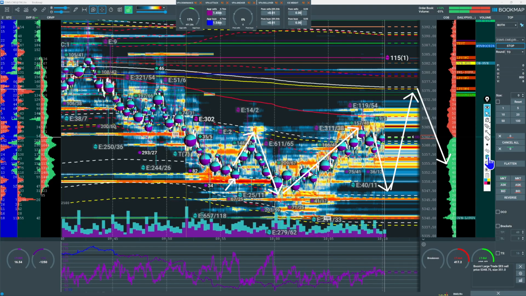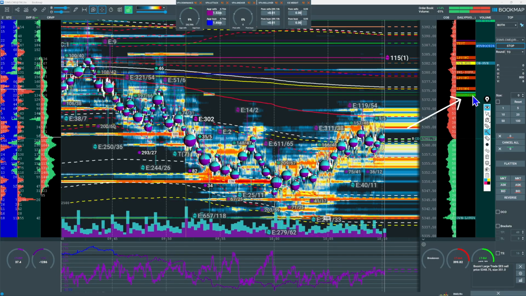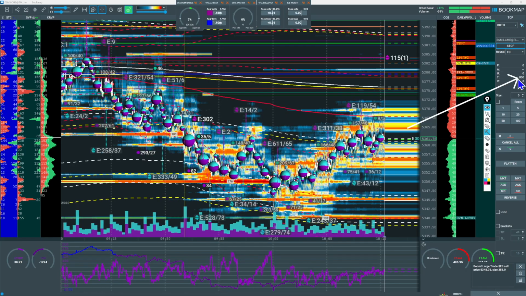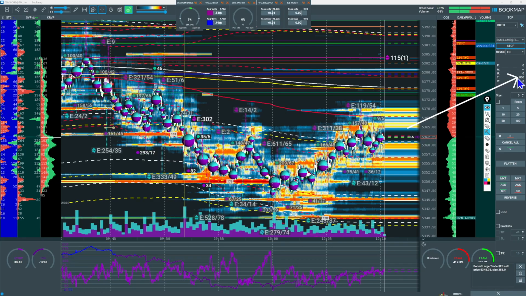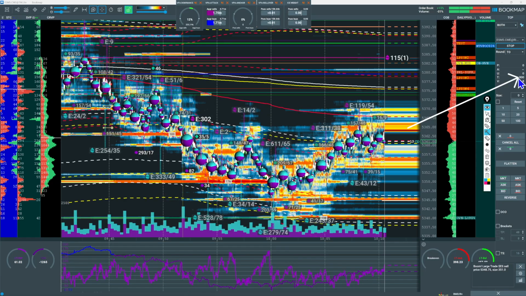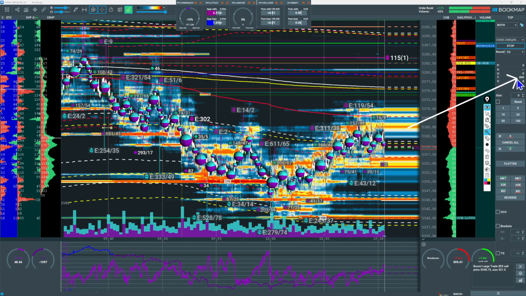But I hit about 120% of my daily goal right now. So according to the Apex rules, I don't want to go too high in one daily profit level, because then you have to have a certain amount. I think it's 30% of this level, right?